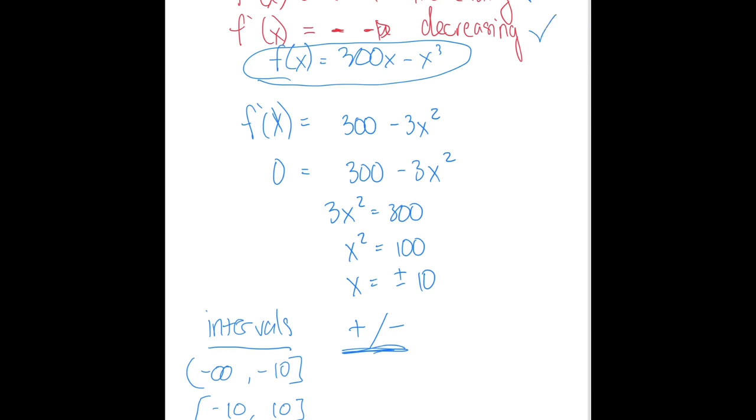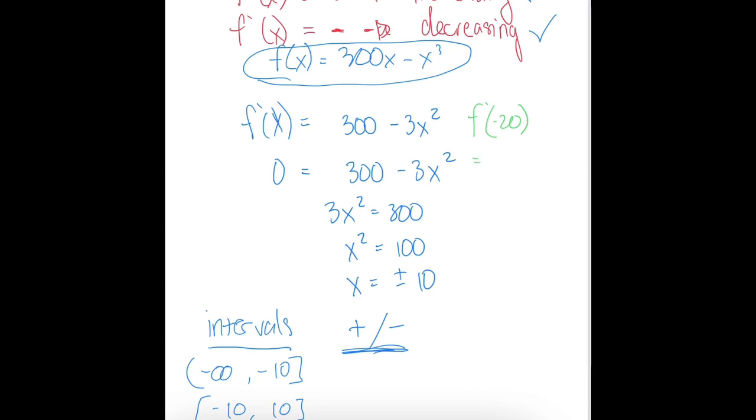We can actually just plug in a number within each of these intervals to figure out, hey, is this increasing or decreasing? Right, so our first interval, we have a lot of numbers to choose from, everything from negative infinity to negative 10. Let's pick something relatively simple. Let's pick negative 20 to plug into our first derivative. So if I plug in a negative 20, let's do f prime of negative 20.